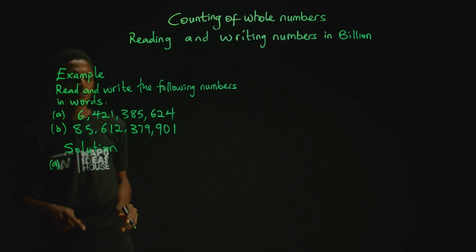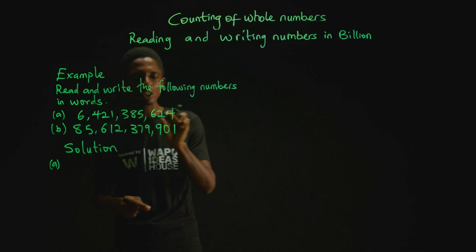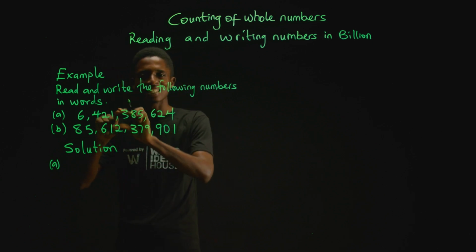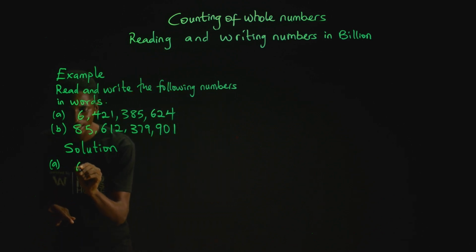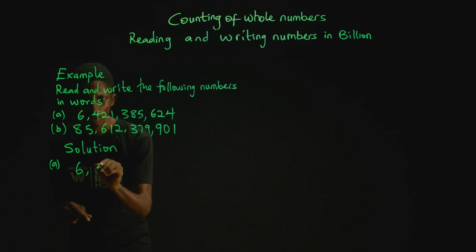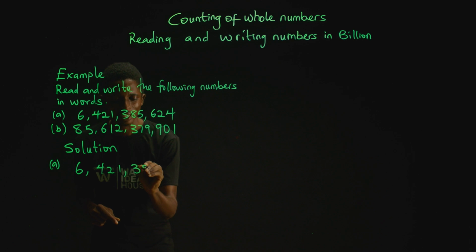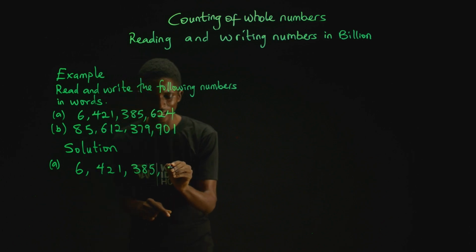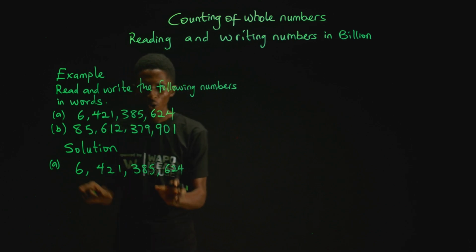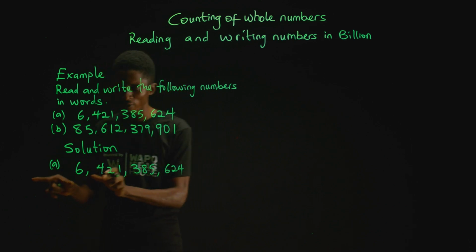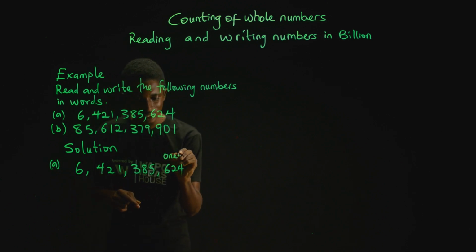A. The first thing you do is to assign place value to individual digits of this number as they are grouped in 3. We have 6, then 4 2 1, then 3 8 5, and then 6 2 4. Now, remember what place value each of them carry. In this group, they are the ones.